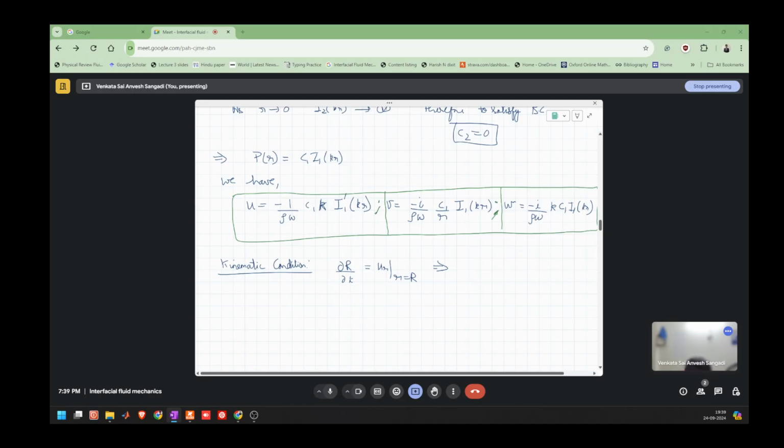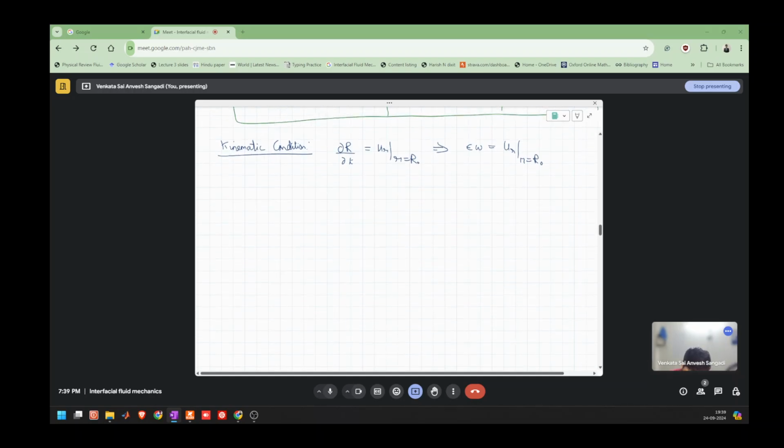This implies epsilon omega is equal to UR at R equal to R naught. Now this implies epsilon omega is equal to minus 1 by rho omega C1 k I1 dash k R naught.